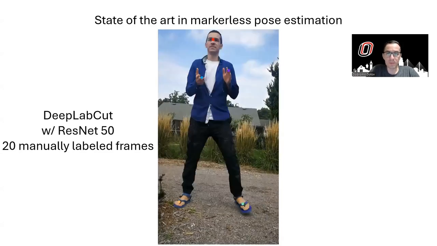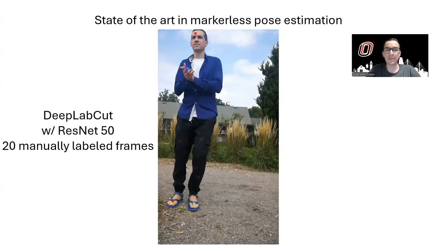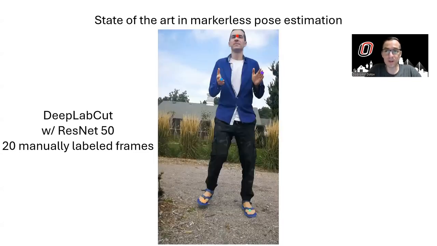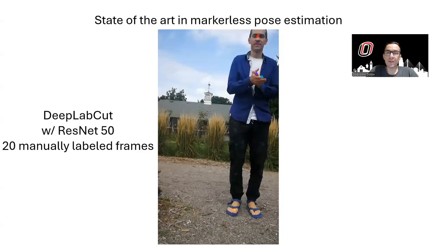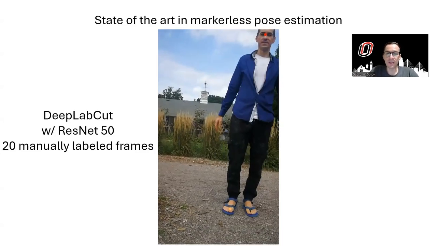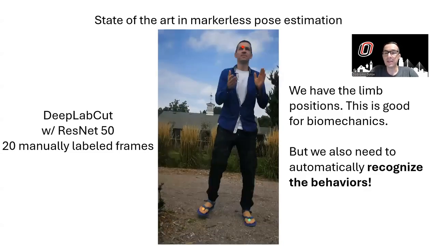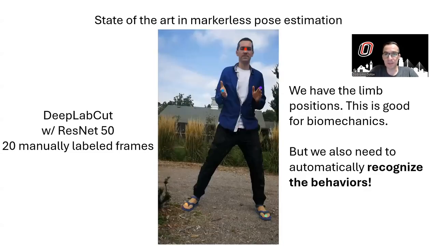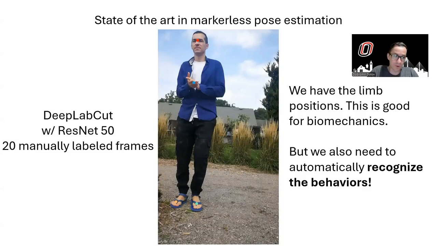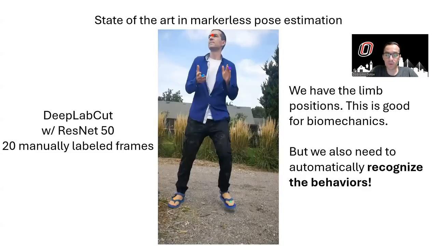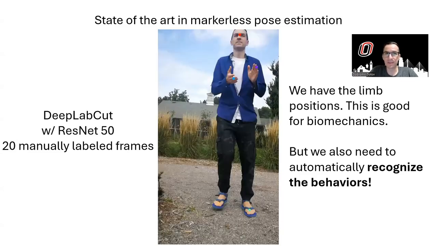For biomechanical purposes, this has a certain use, but for the purposes of the current project, we're not only interested in tracking parts of the body. The part where it becomes really interesting is if we can track and recognize the behaviors. So it's one thing to know how the animal is moving, and it's another thing to know what the animal is doing.